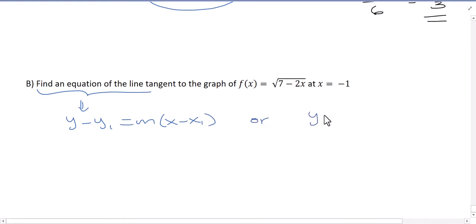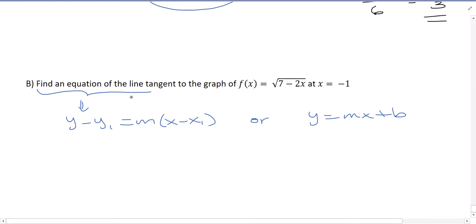Or you could also use y equals mx plus b if you prefer that method. Sometimes the points are not so nice, so this one doesn't work out as well. So I find it easier to simplify, so I prefer the point slope form for finding my equation of lines, but if you prefer y equals mx plus b, then you can do that. So find the equation of the line tangent to the graph.